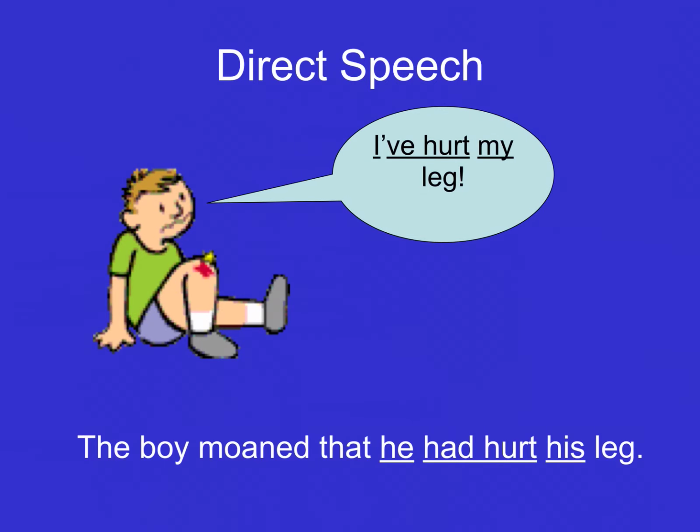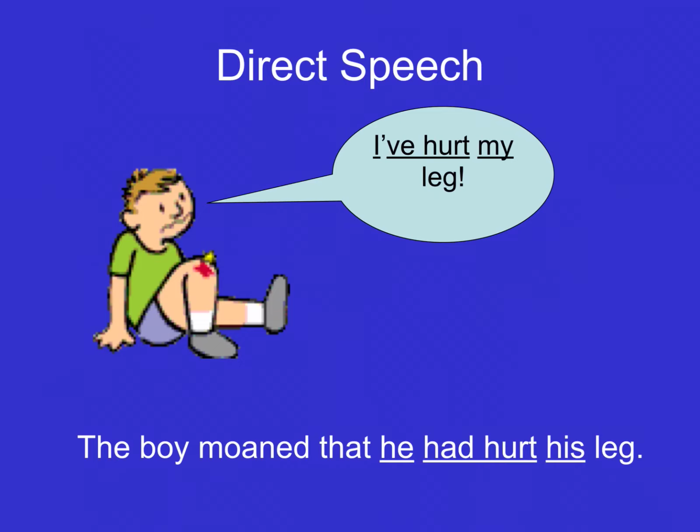For us to be able to see the difference between direct and indirect speech, we are going to use the examples that we have used before as direct. Now we are changing them into indirect speech. The boy moaned that he had hurt his leg. Previously we said, "I have hurt my leg," moaned the boy.